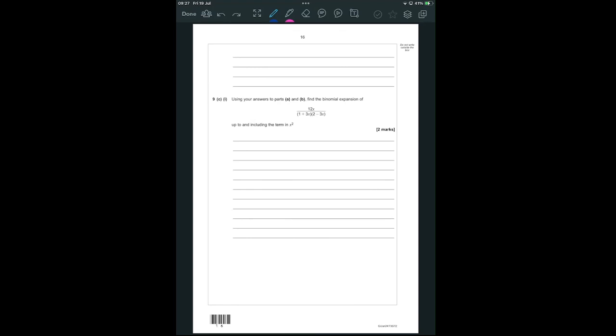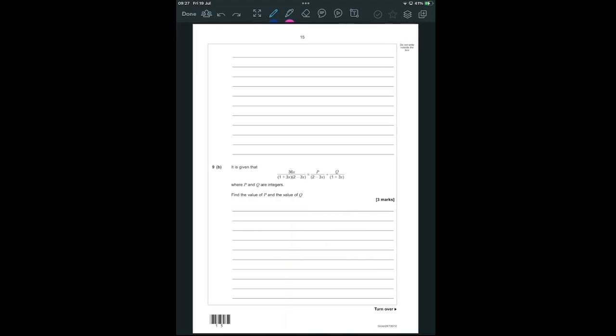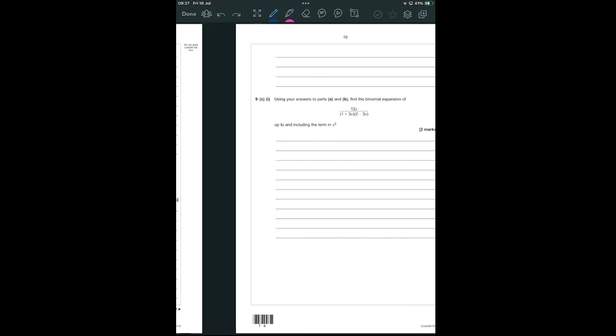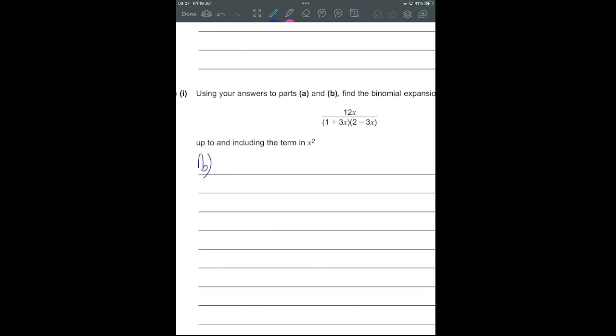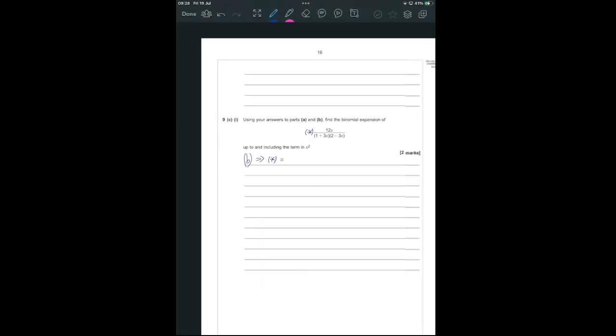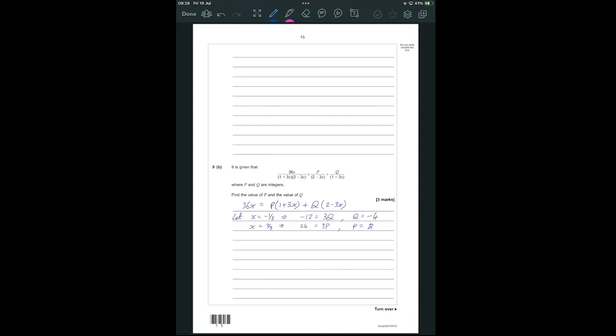Using A and B, find the binomial expansion of that. Well, that looks very similar to what I've just done in part B. Notice in part B I had a 36 on top, now I've got a 12 on top. So part B of the question is going to imply that this thing is equal to, well, it's a third as big as what I've got here.